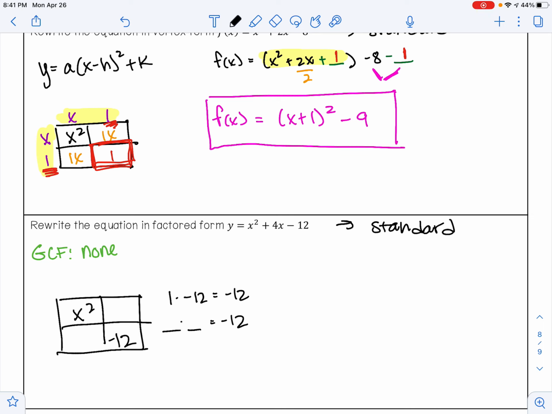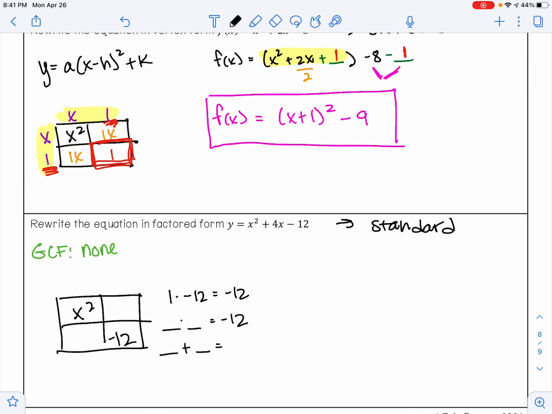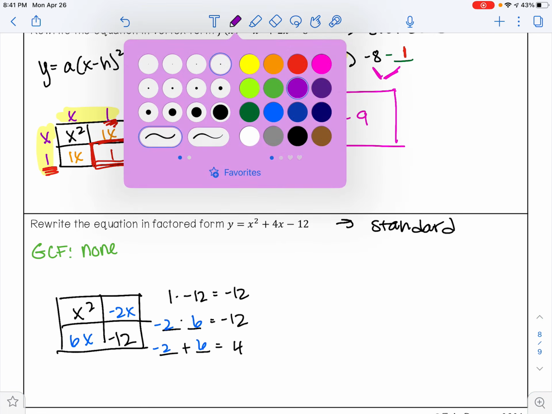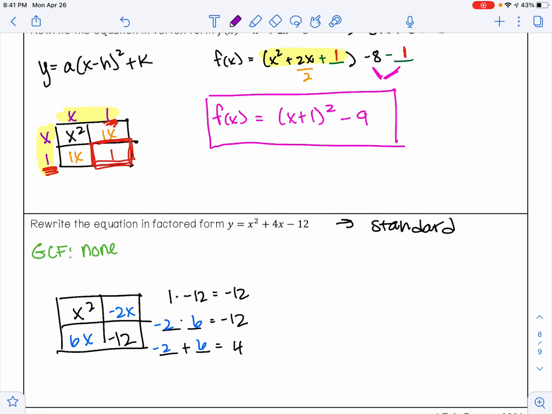So that means that I'm looking for two numbers that multiply to negative 12 that add to positive 4. Those two numbers are going to be negative 2 and positive 6. So those are going to be the numbers that go in the empty spaces of my area model. The greatest common factor of my top row is x.